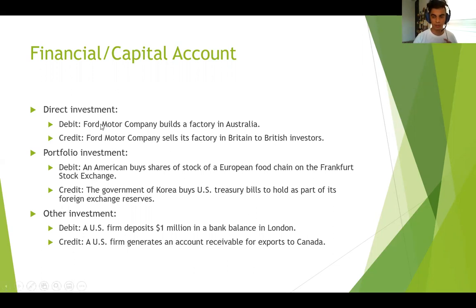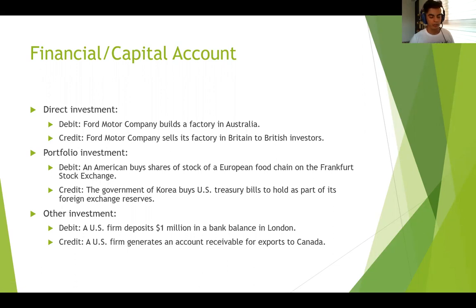Because the American company is sending the money to Australia. So from the American perspective, this transaction is debit, it's negative, because the money is leaving the country. And for Australia, it will be credit, it will be positive. So direct investment has to do with physical things.